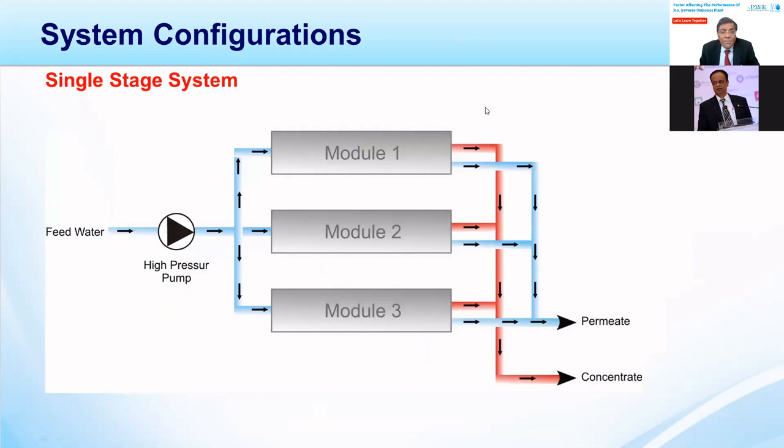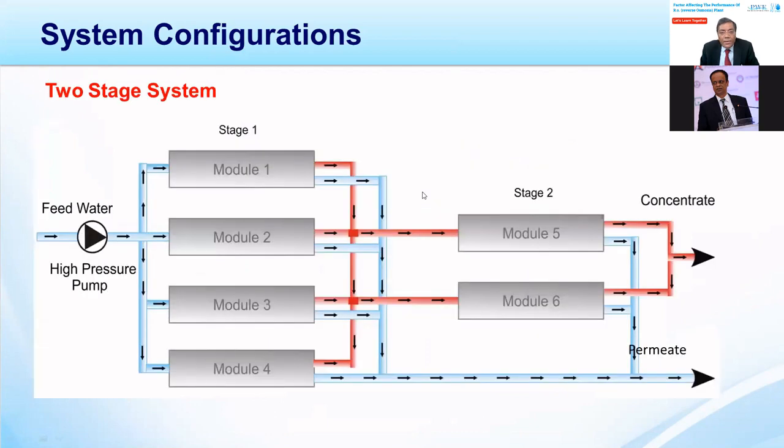A single stage system means that we have one, two, or three modules all being fed directly from the feed pump. This is a two-stage system. In the first stage, all modules are fed, and the reject of the first stage is fed to the second stage.